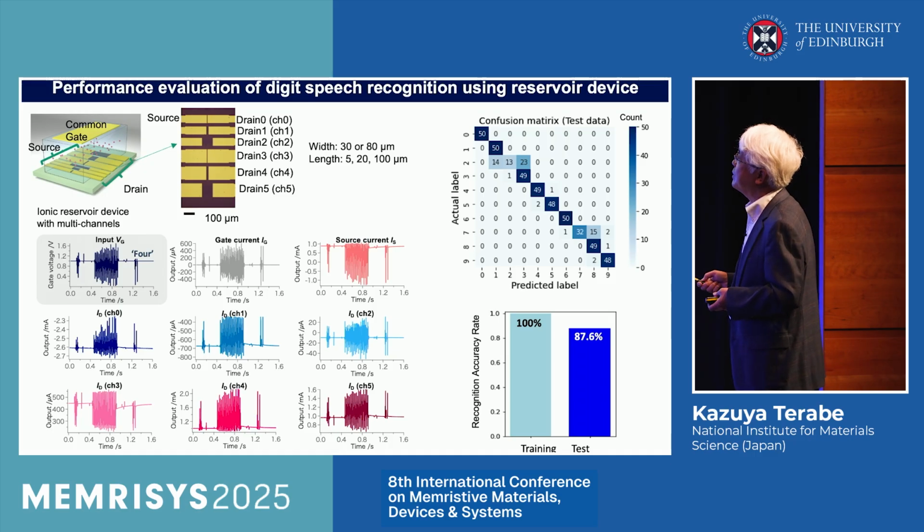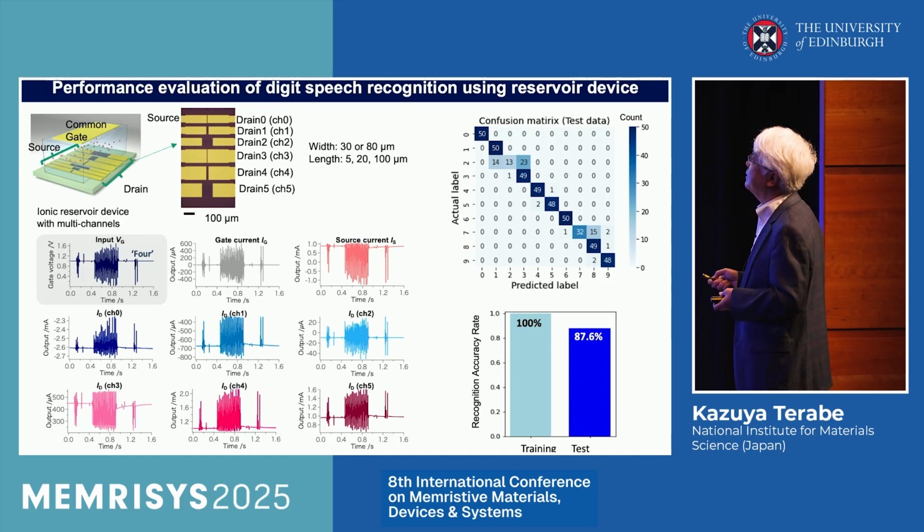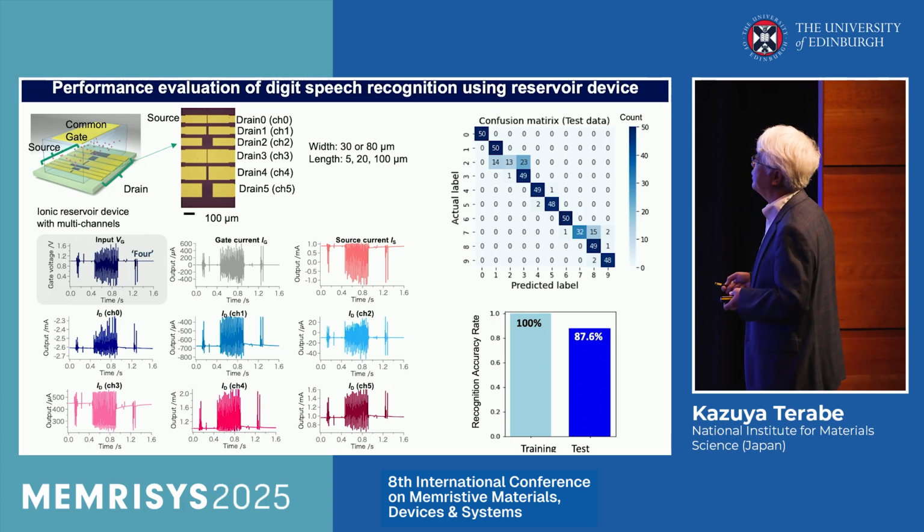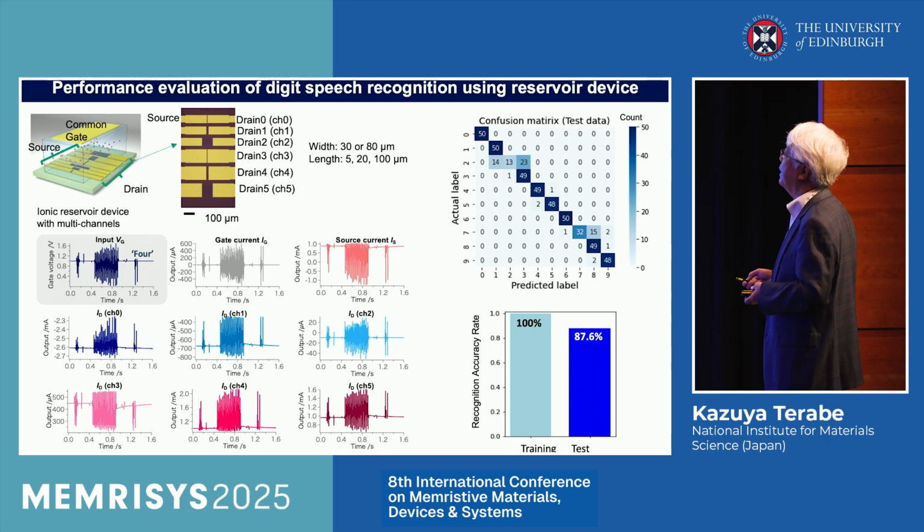So this is actually the reservoir device. This is source and drain, and many kinds of structure and size, drain, electrode. And we can obtain 6 kinds of voltage output, so these are different output signals.